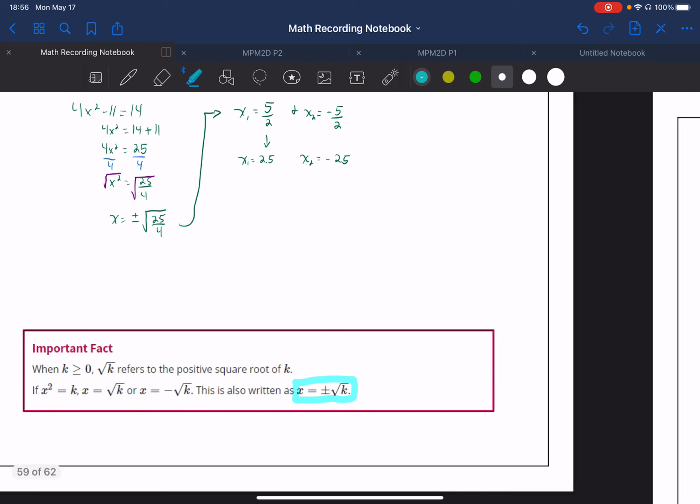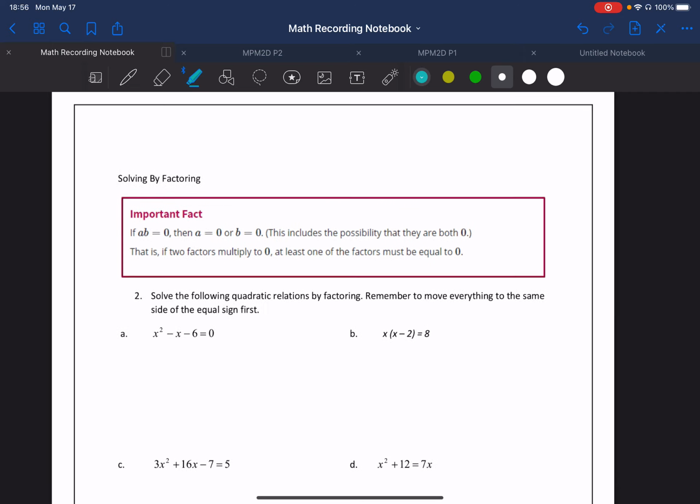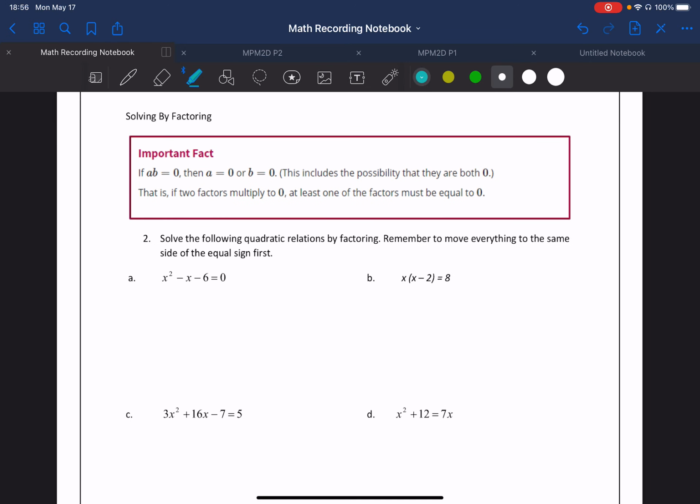The other way we can solve algebraically is by factoring. Yes, guys, I know factoring is never, ever leaving us. It just won't go away. When we are solving by factoring, what we're doing is finding those two roots of the equation.